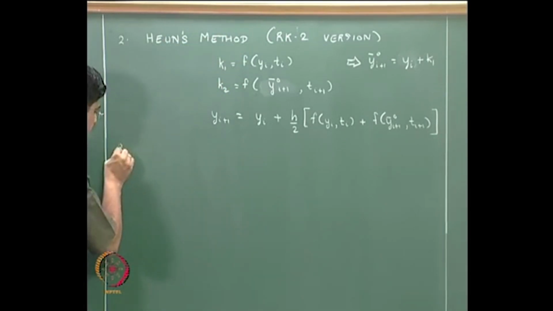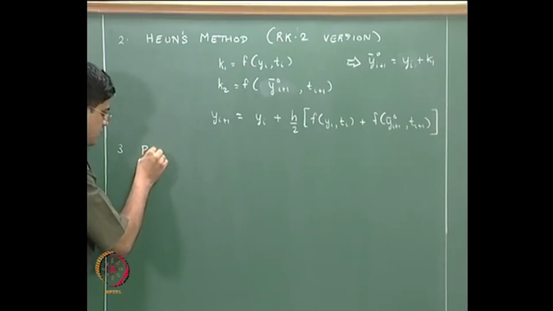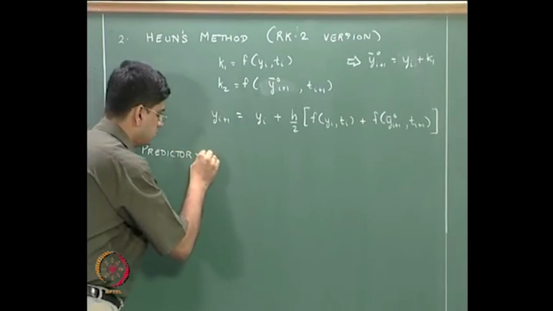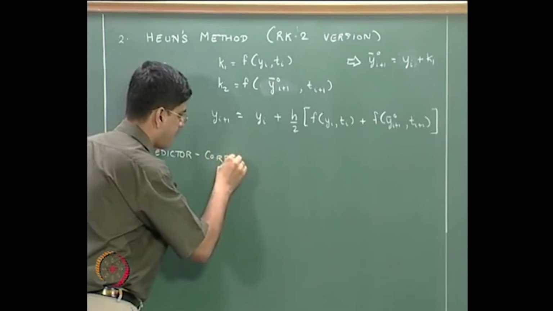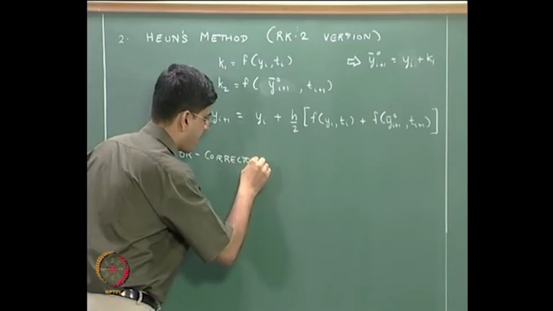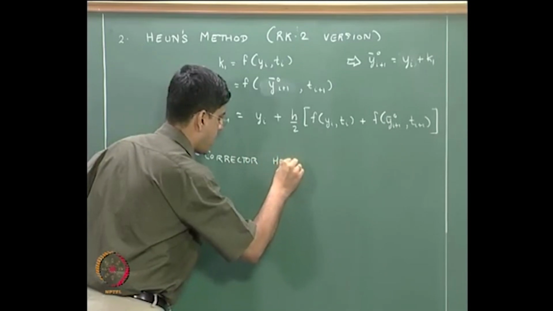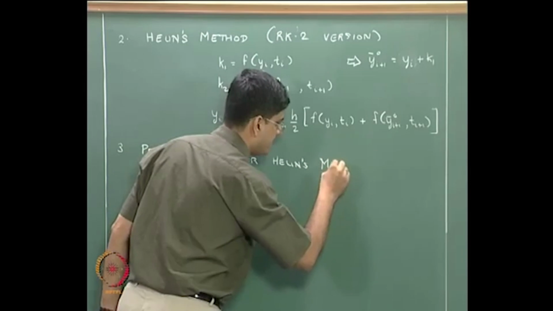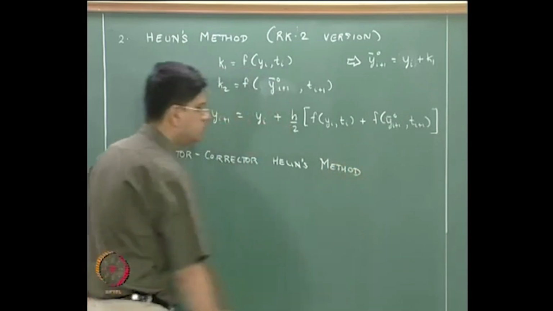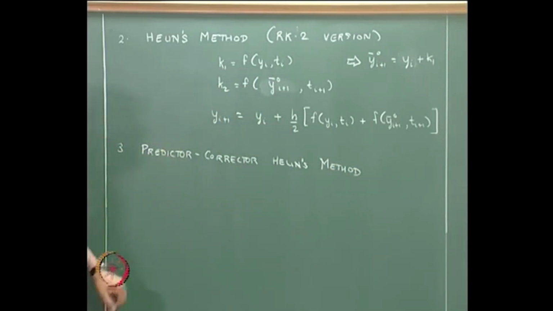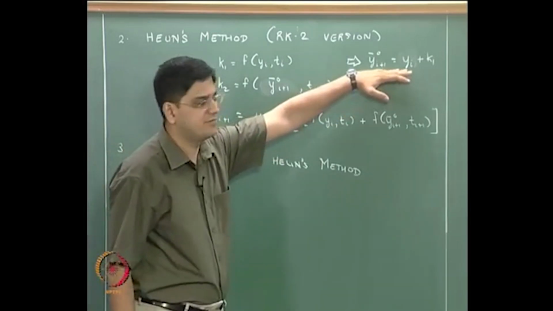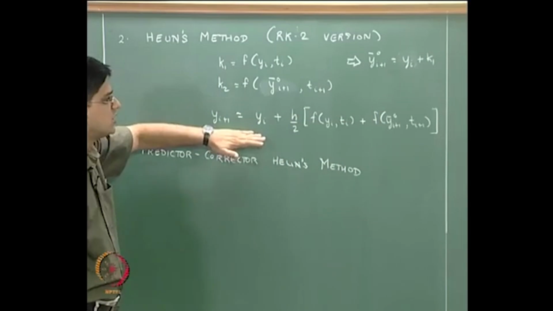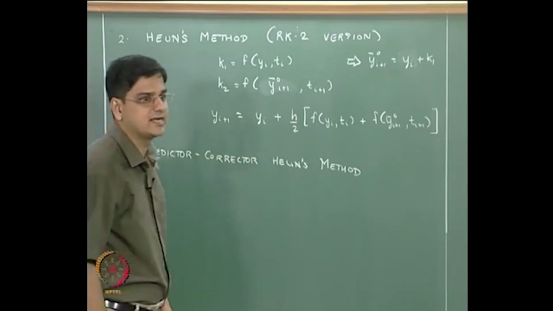The predictor corrector version of Heun's method has a predictor equation, and recursive use of the corrector equation.